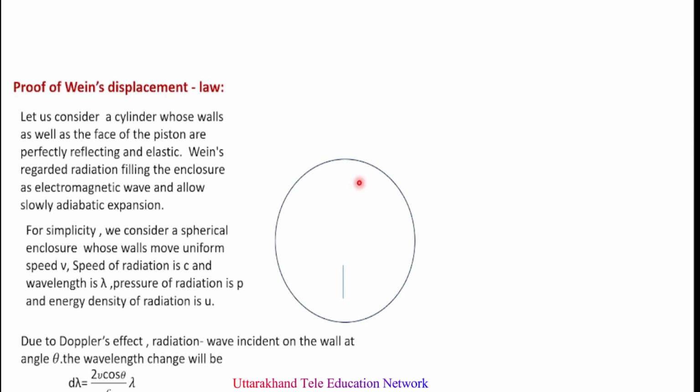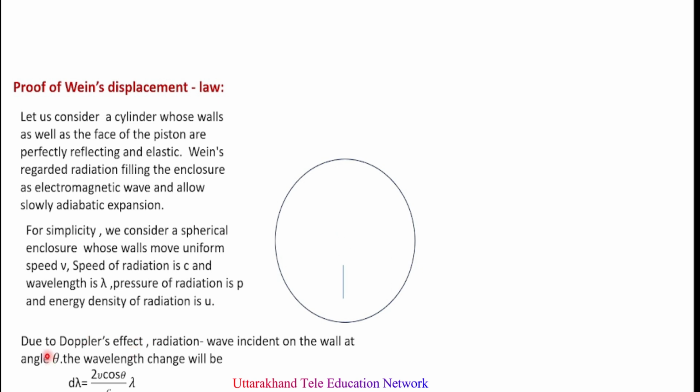Then what develops here is the Doppler effect. Doppler effect is the change of frequency for an observer or source, and frequency is also a function of wavelength. So we can consider that due to the Doppler effect there is a change of wavelength.